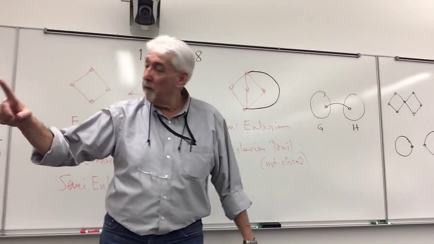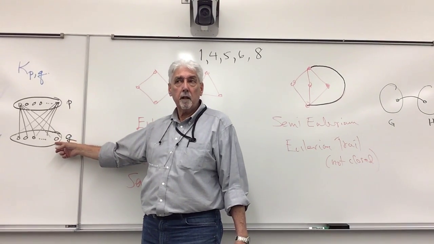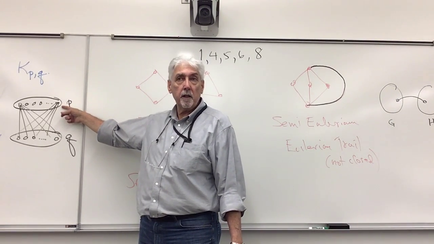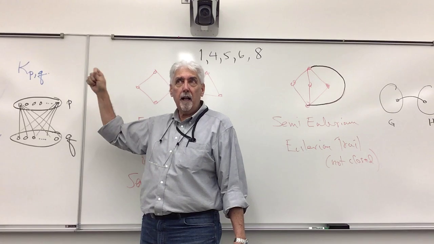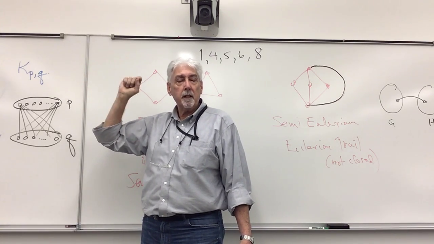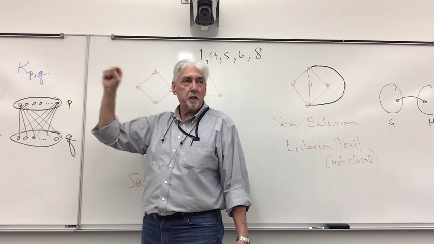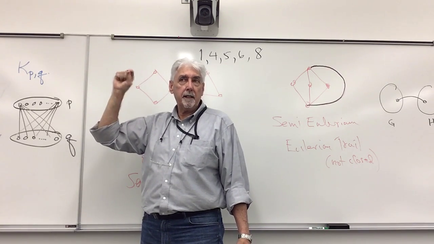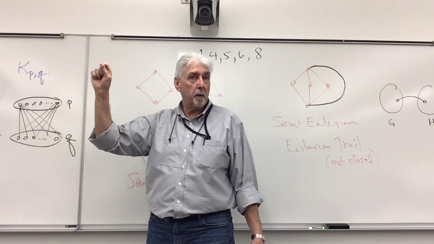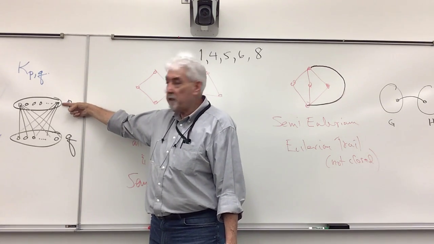So one more time. The degree of all these vertices? P. The degree of all these vertices? Q. How many odd vertices must you have in a semi-Eulerian graph? 2. So we can only have 2 odd vertices. Now, how many vertices are up here?